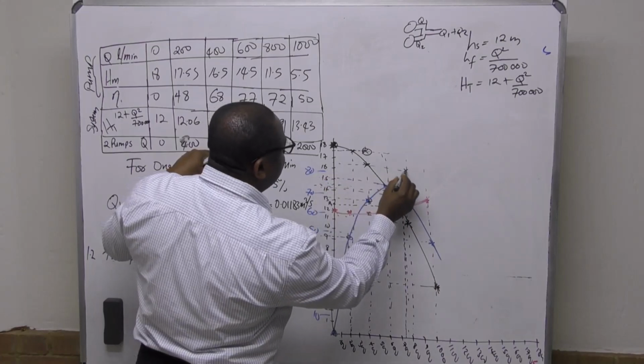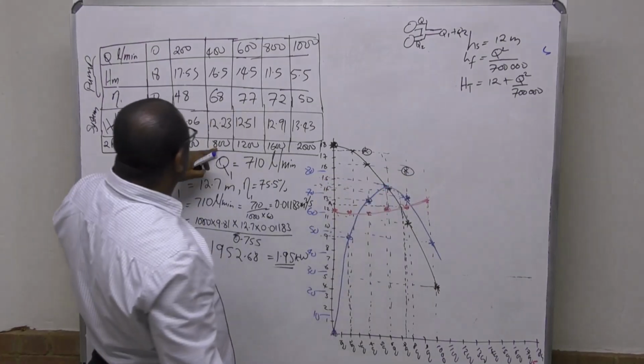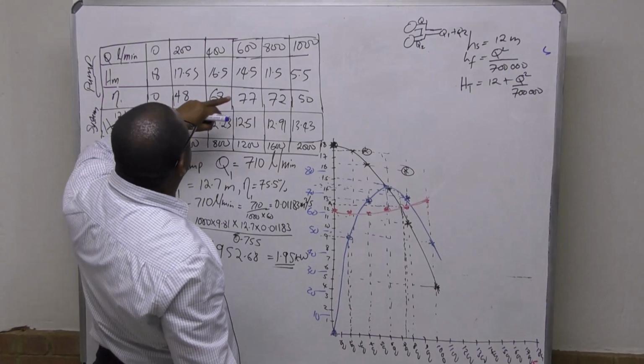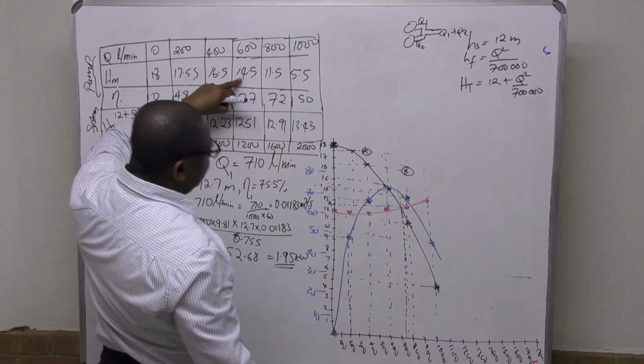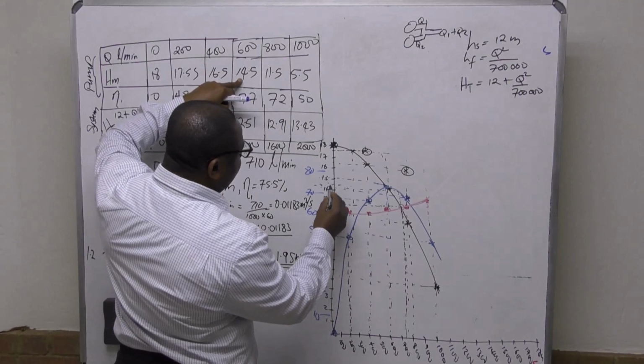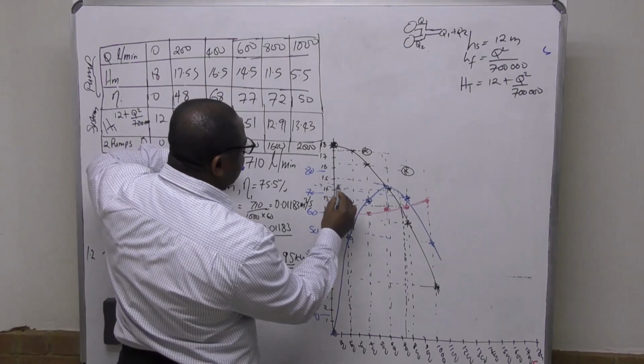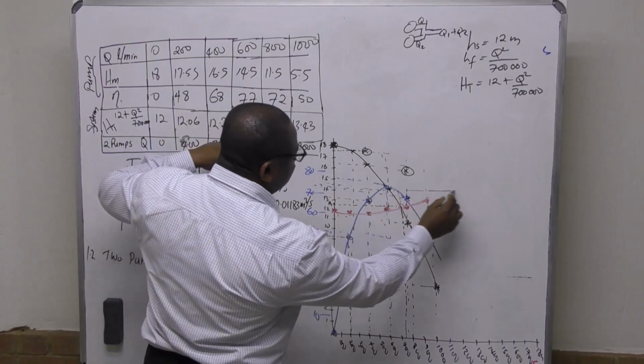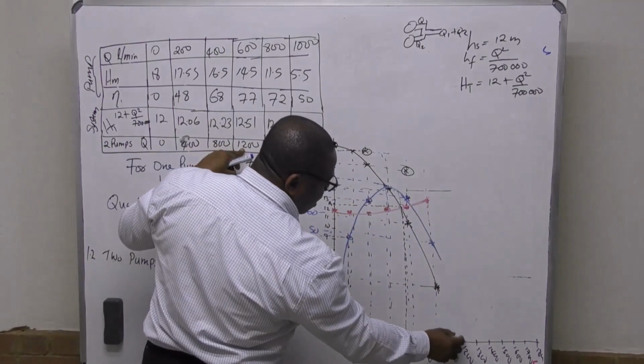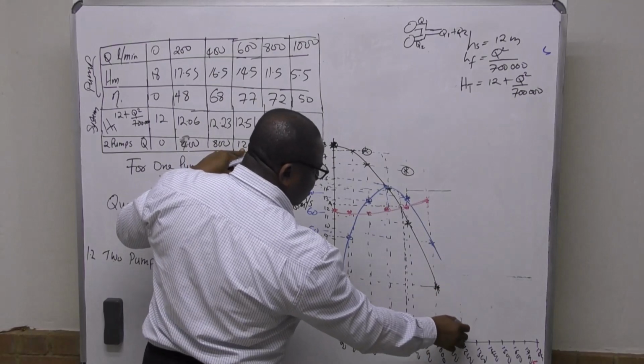And then when you had 14.5 head here, the flow is already 1,200. So you just extend it until you get to that 1,200.